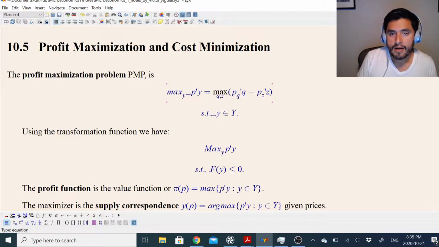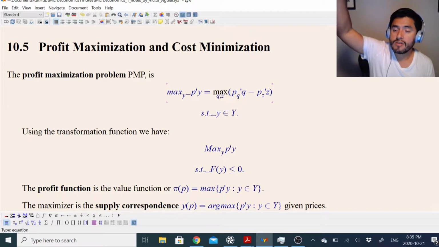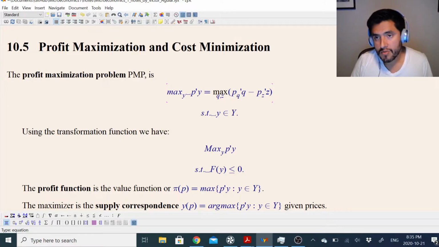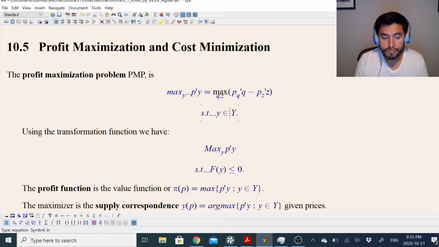But because our notation is so efficient, it's just the inner product of the total vector of prices of all possible goods times the production plan, which has negative entries, which are captured here by this cost part. And so what is the restriction? Obviously, that the production plan belongs to the production set. So not all things are possible.